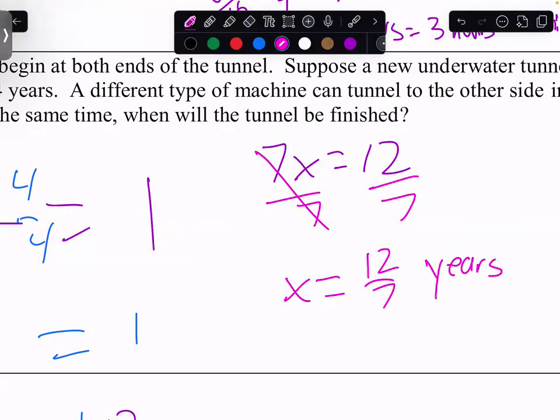Or you can make it a mixed number if you want, 1 5/7. But this does not turn into a decimal nicely. When you divide in your calculator, it goes on forever. So please do not round it to like 1.7 or even with more decimals. I would prefer it to be an exact answer.